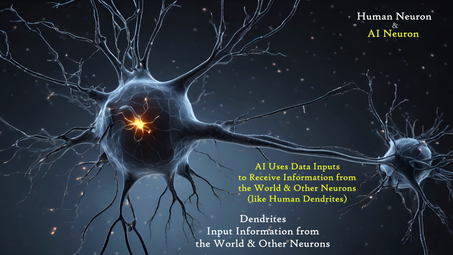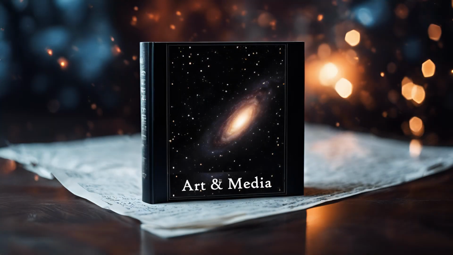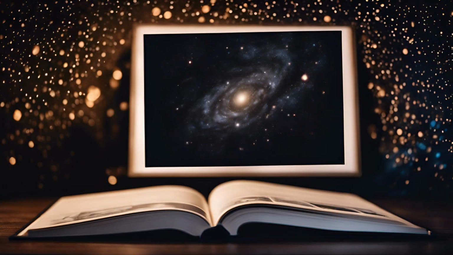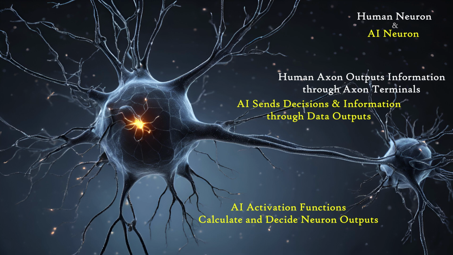AI brains use data inputs to receive information from other AI neurons or from other external data inputs, like written language, books, articles, photographs, images, music, and so forth, or things like science and technology and that sort of thing. Well, let's talk about the axons and AI activation functions and their outputs.